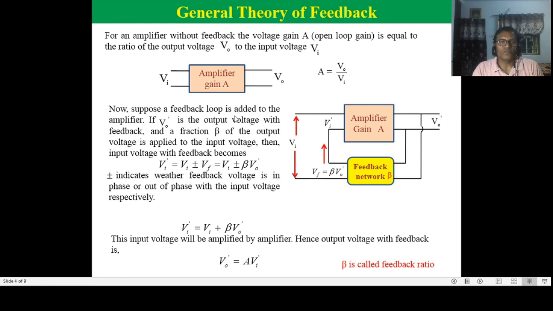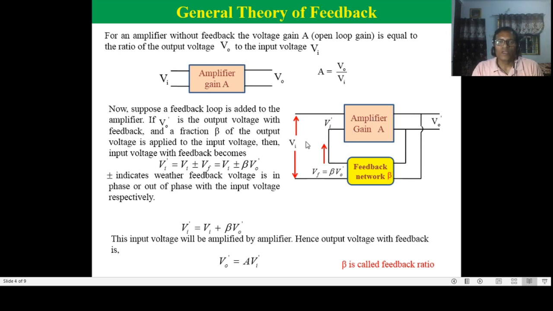Now, suppose a feedback loop is added to this amplifier. So, this is the diagram. Here, this is the original amplifier, and to this amplifier a feedback network is connected. So, what does this feedback network do? Whatever output is there, a part of that output is taken and that fraction of the output is again fed back to the input of this amplifier.